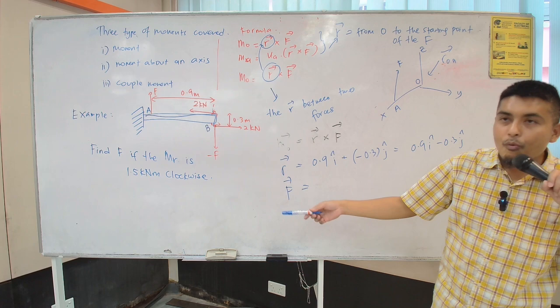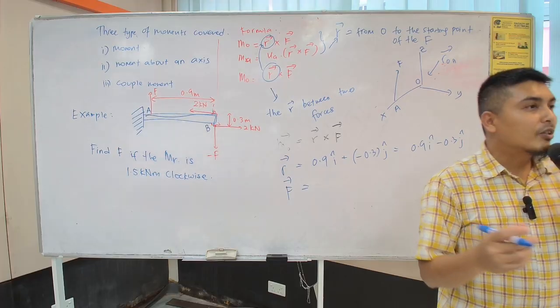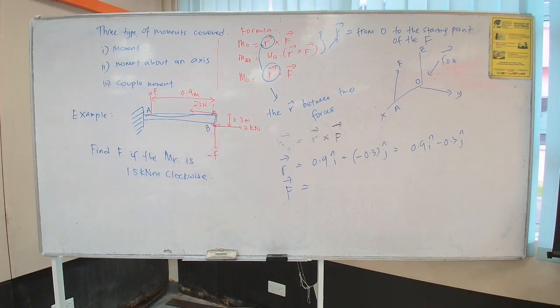Because our distance is from A to B, so we need to refer to the force at the final point, which is at B.